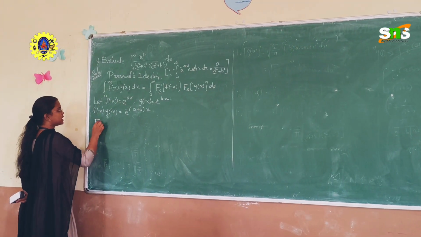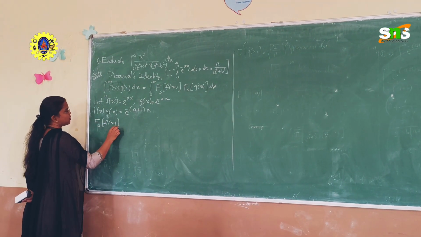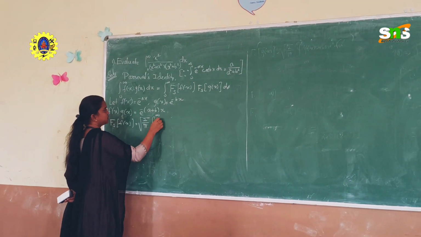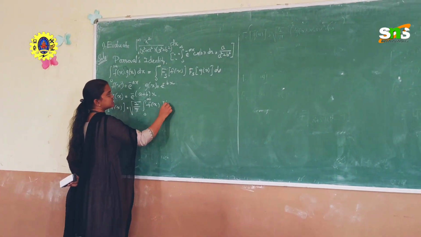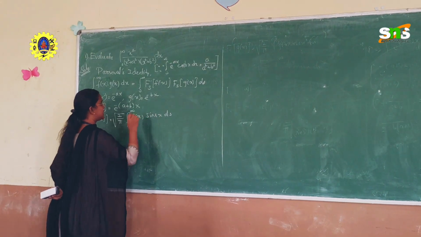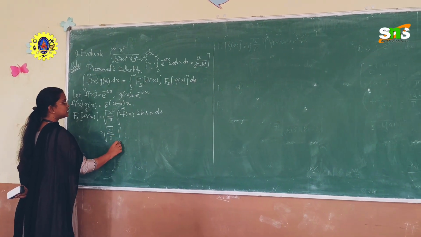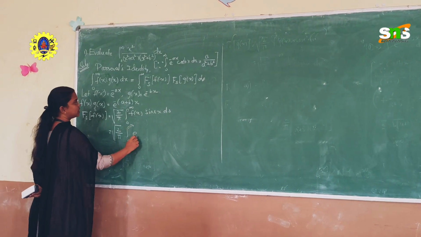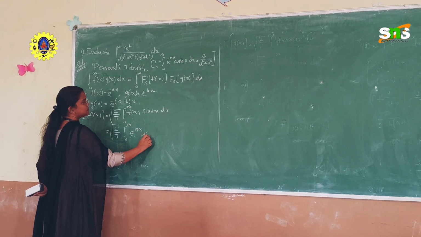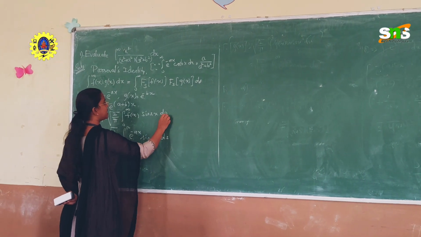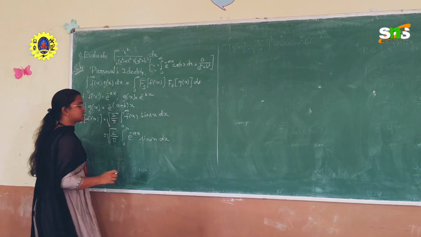So Fourier sine transform of f of x formula will be square root of 2 divided by pi integral 0 to infinity f of x sine sx ds, which is equal to root of 2 divided by pi integral 0 to infinity, f of x value will be e power minus ax sine sx dx.